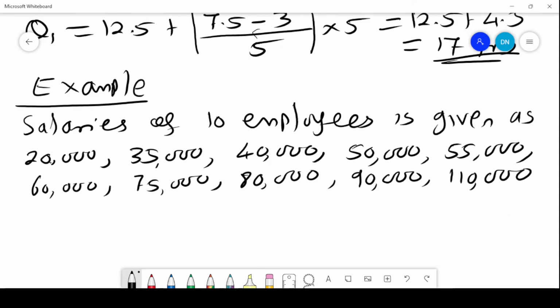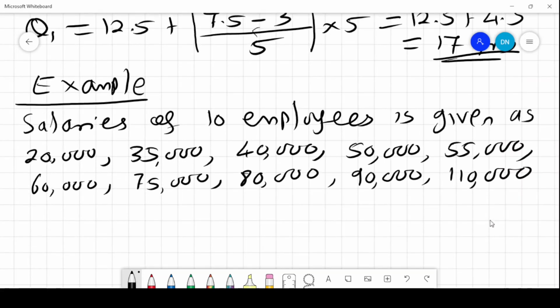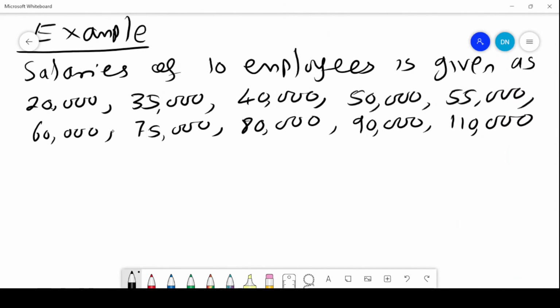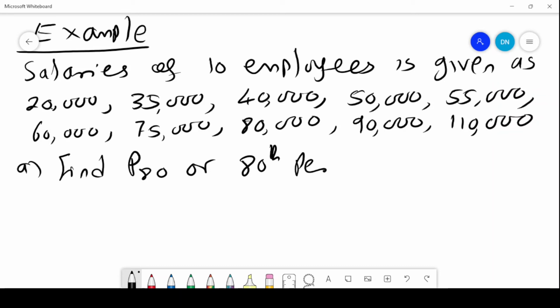So we are given the salaries of 10 employees in an organization. Now we want to use this data to find, the first part is we want to find P80 or 80th percentile. The procedure is the same.